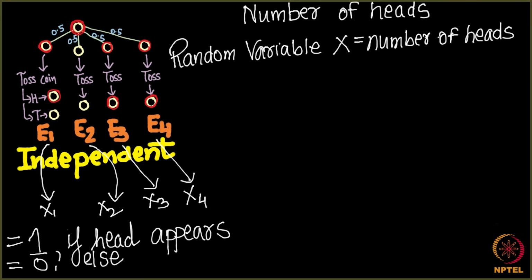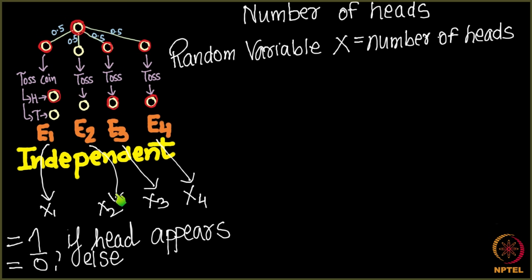So now can you write this x in terms of x1, x2, x3 and x4? So what is my random variable x? It is the number of heads. So I know that x1 is the number of heads I get from experiment 1. If it's a success, I get 1 head. If it's a failure, I get 0.